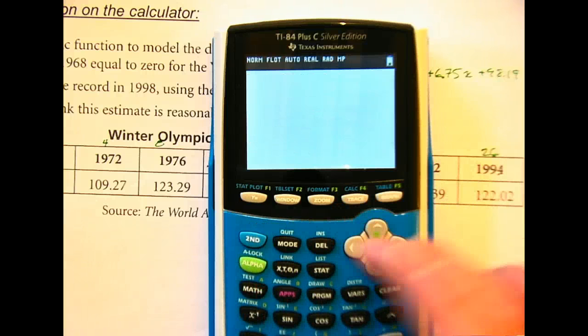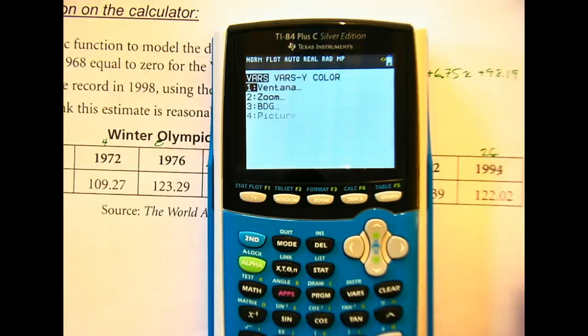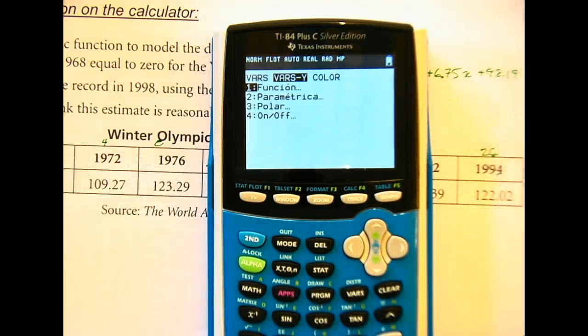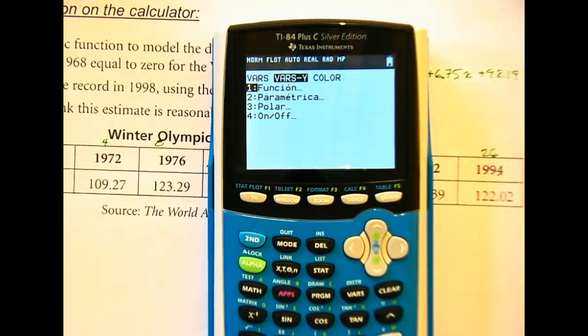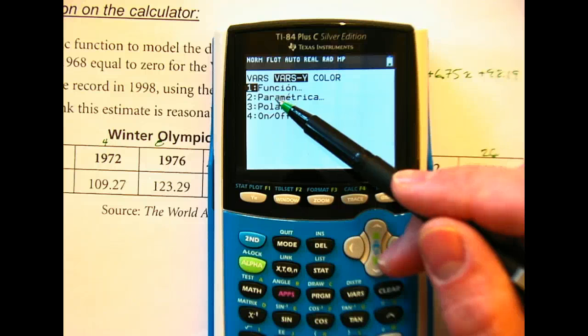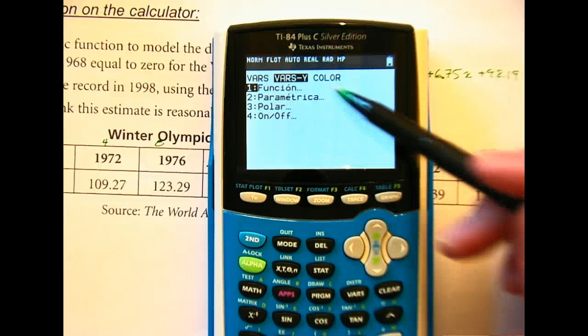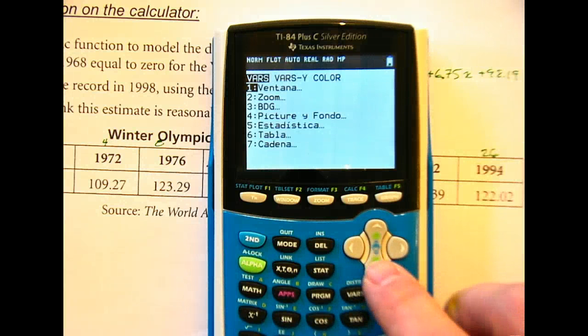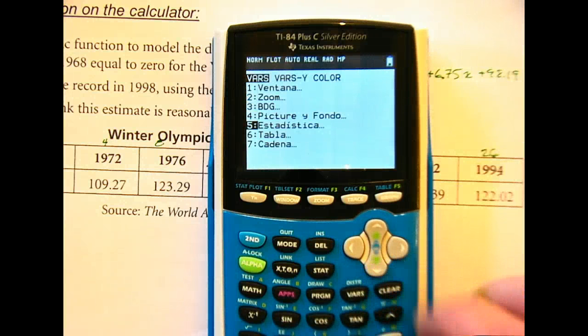Well, I don't want to reset, so we're going to go to vars. And we're going to scroll over to where it says y vars. And this usually says equation, EQ. It says parametric. Oh, hold on. I'm sorry. Vars, we need to go down to statistics, which is 5.